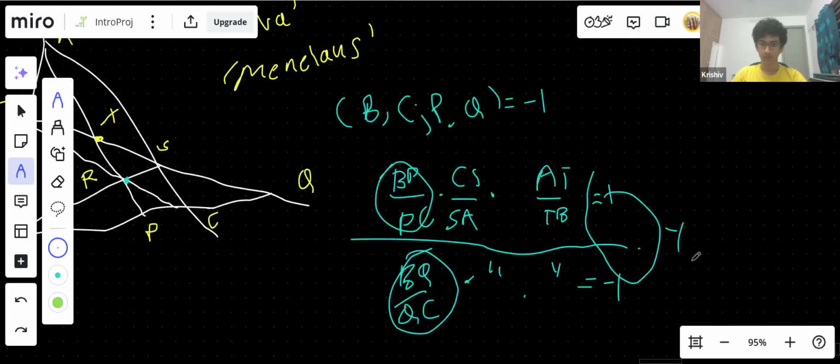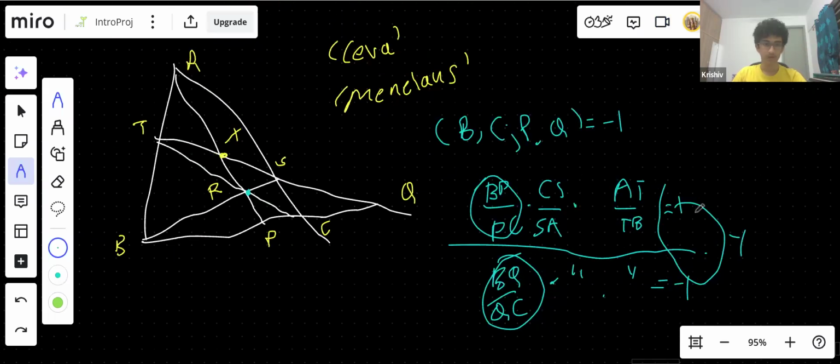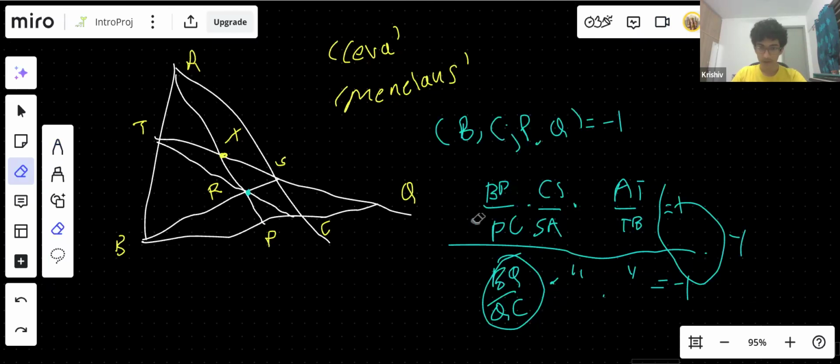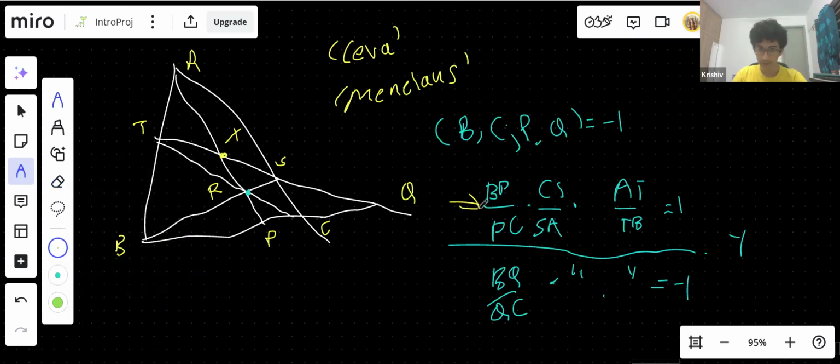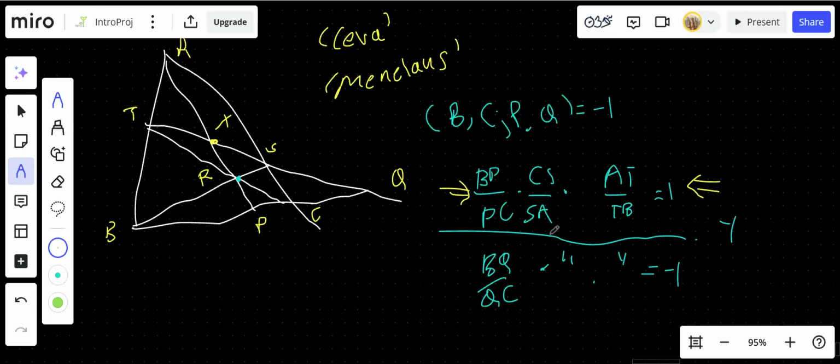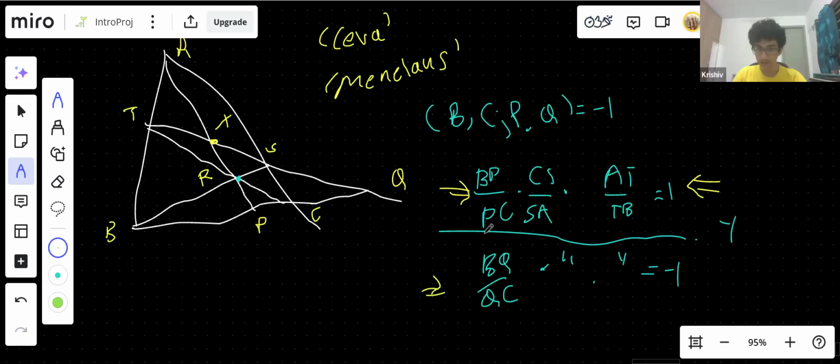Okay, cool. So I'll explain this. Do you get why this is 1? This is 1 by Ceva's theorem because AP, BS, and TC concur. That's why this is true. And this same thing, like these points mean that I've just taken this down here.